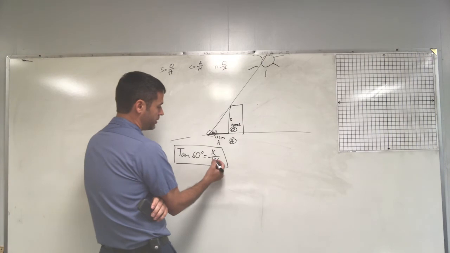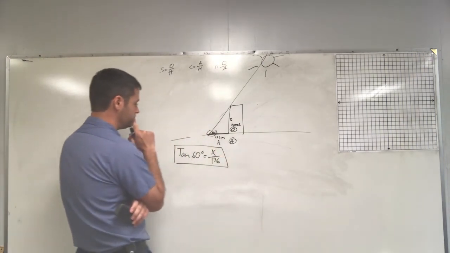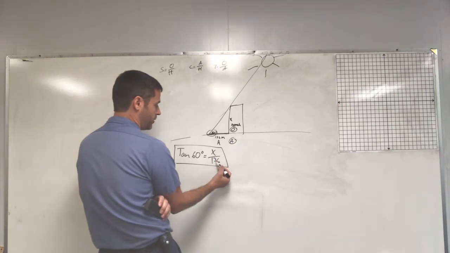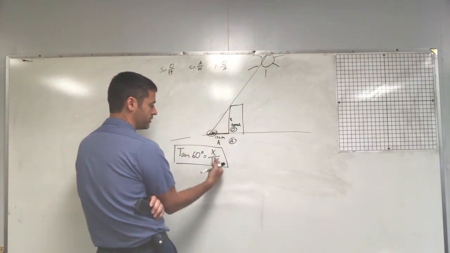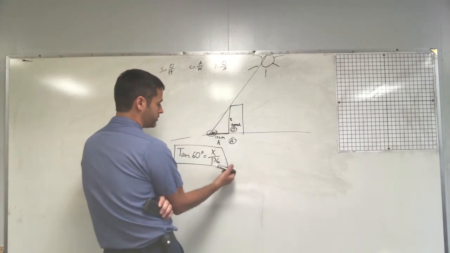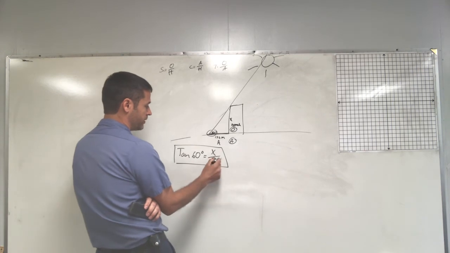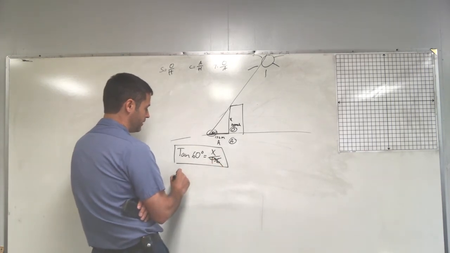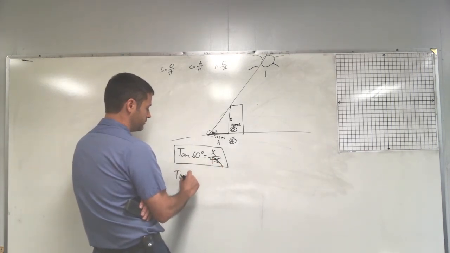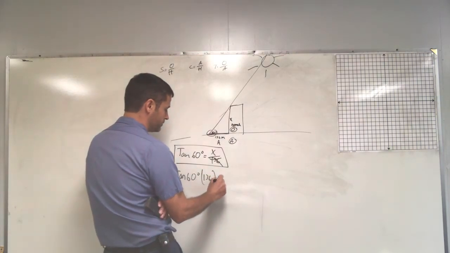All right. Tangent of 60 degrees is equal to x over 136. I said 360, I don't know where that came from. Then take both sides times 136, and that gets rid of it on this side. So you have tangent of 60 degrees times 136 equals x.